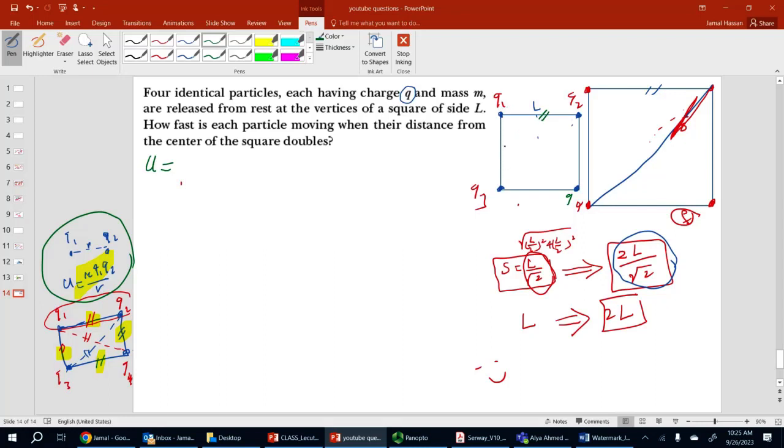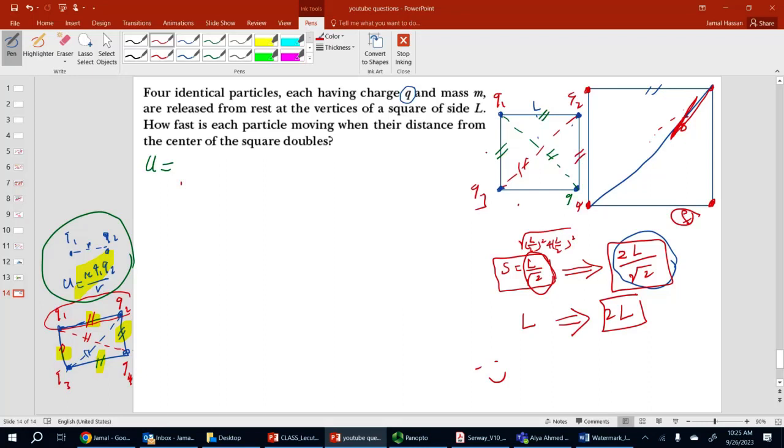Q1 interacts with Q3, this is the second term. Q1 interacts with Q4, so there is another term. Okay. Now repeat it for Q2. Q2 is interacting with Q1, which is already included. Q2 with Q3, so there is this term. And Q2 with Q4, so there is this term.